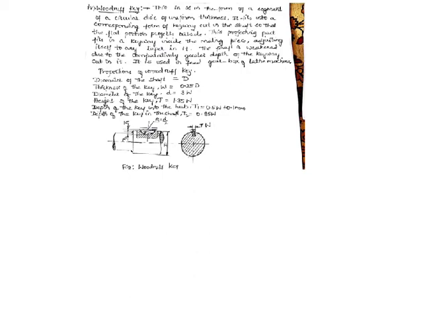T1 represents the depth of the key in the hub, which is equal to 0.5 W plus 0.1 mm, and the depth of the key in the shaft is represented as T2, which is equal to 0.85 times W. So this is about the Woodruff key.